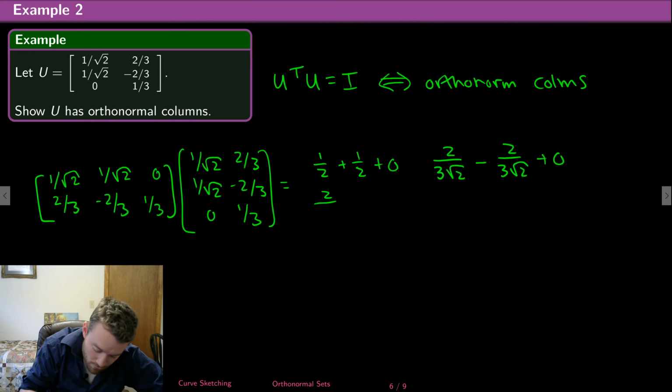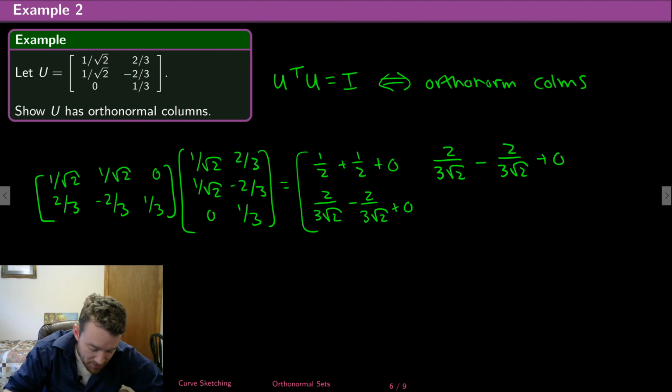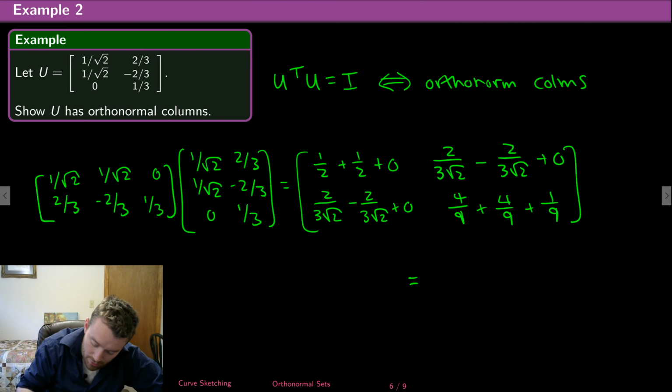This will be 2 over 3 square roots of 2, minus 2 over 3 square roots of 2, plus 0. And finally, in this last entry, I have 2/3 times 2/3, which is 4/9, plus 4/9, plus 1/9. And so this is certainly 1, 0, 0, 1.